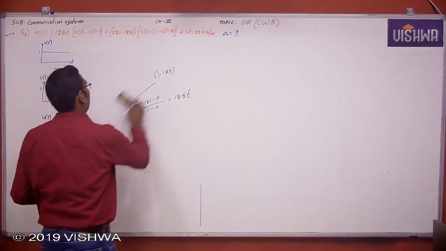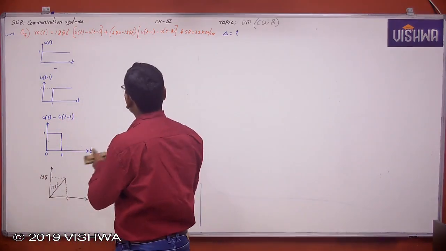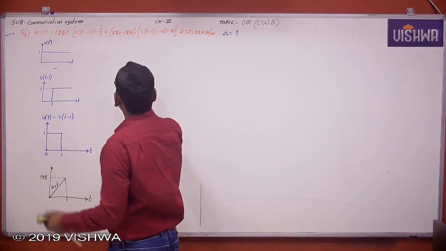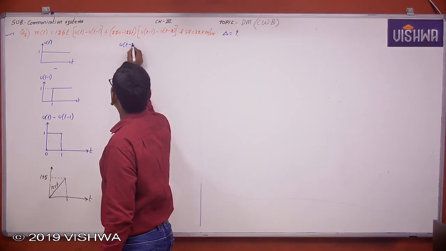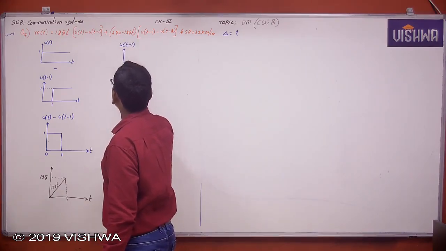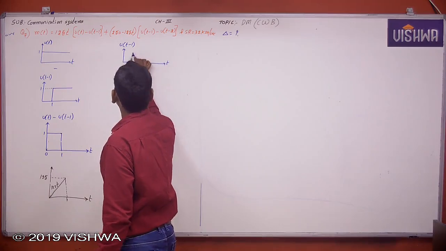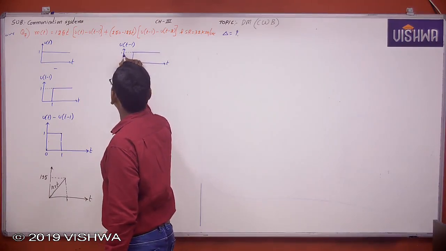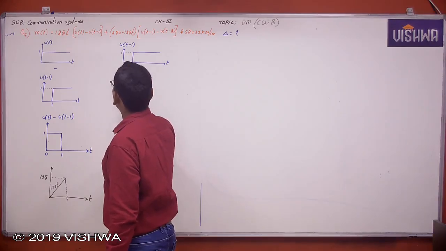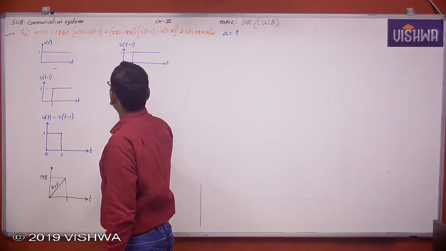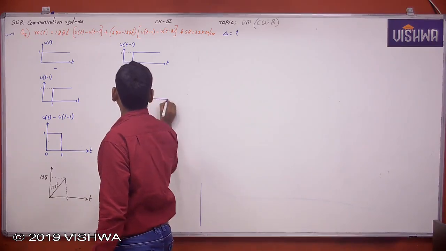Now this is added with u of t minus 1 minus u of t minus 2.